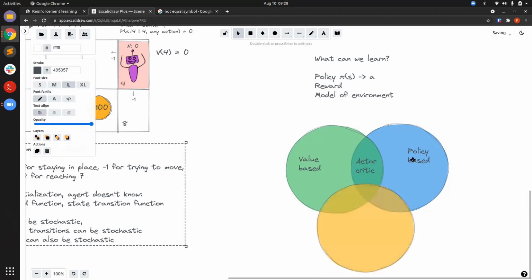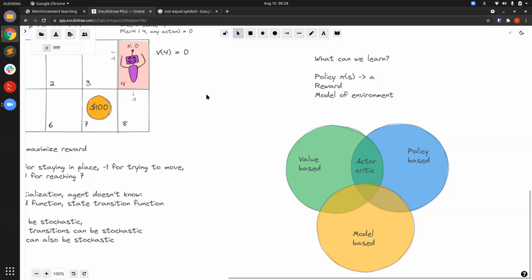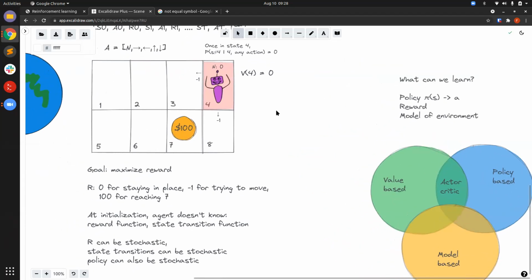So we have some that are model-based. With model-based reinforcement learning, we either know a model of the environment in advance, and then we can plan ahead. Instead of taking action at a specific time, we can use a model to predict future states.